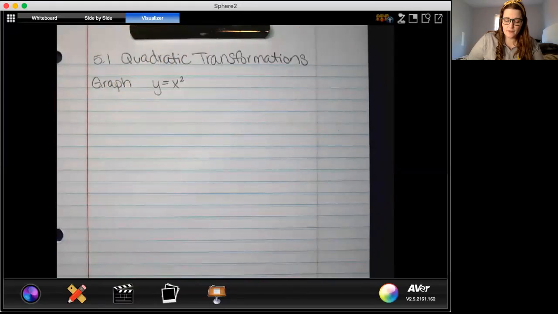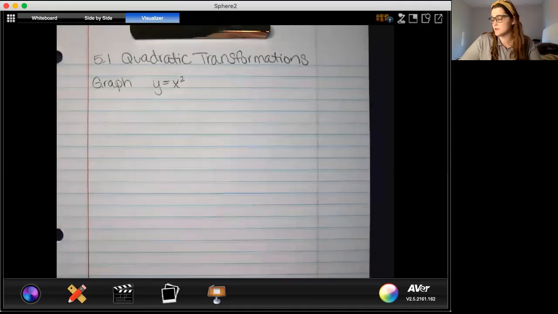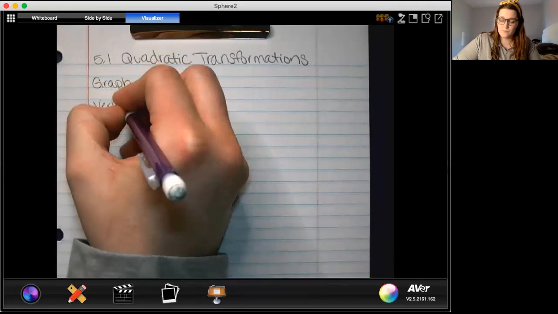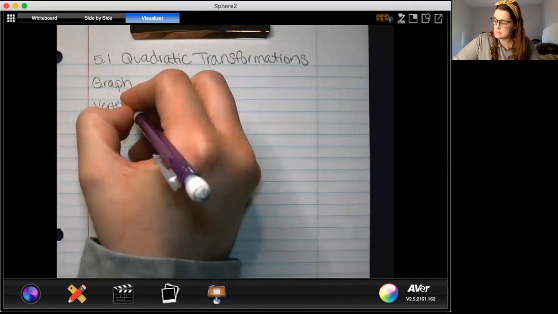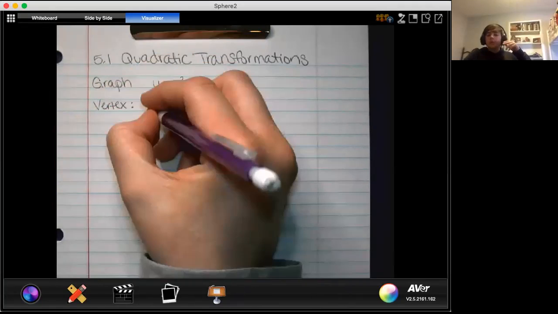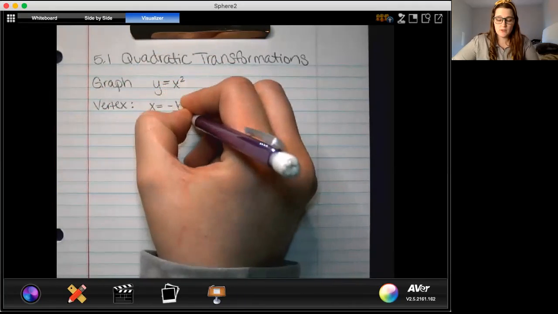or quadratic functions. Okay, so if this was my equation, how would I find the vertex of this equation? What was that formula? Negative b over 2a. Correct. So specifically, x equals negative b over 2a.